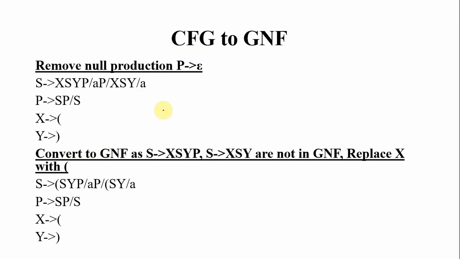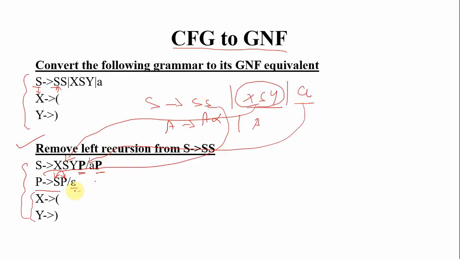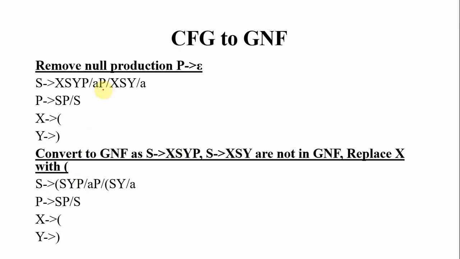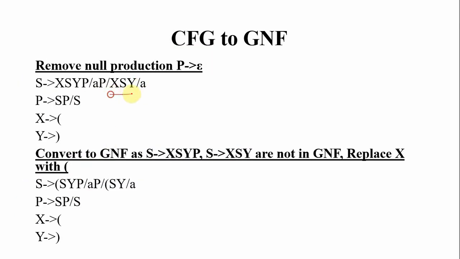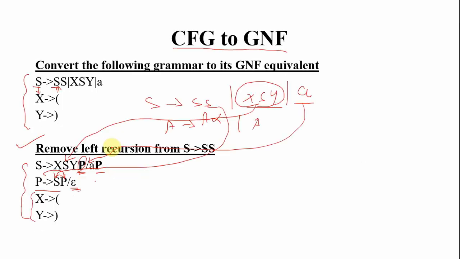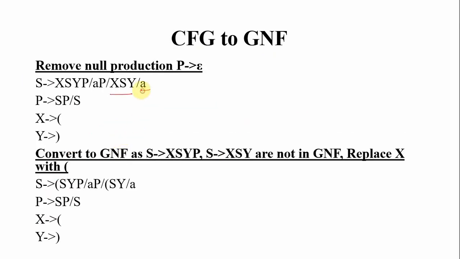And we are going to simplify the grammar. No useless productions, but we have null production. P can be a null production. Okay, so if you substitute epsilon for this one, it will be x s y. If you substitute epsilon for this p, it will be a.